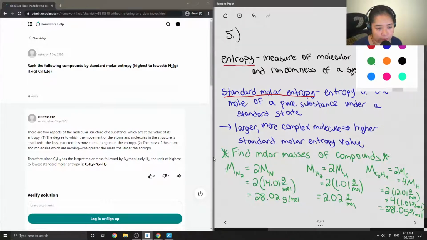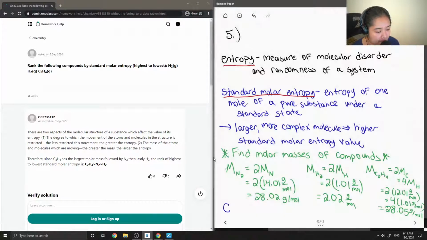Okay, so now we can rank these compounds from highest to lowest standard molar entropy. Ethylene has the highest entropy, followed by nitrogen, and then lastly, hydrogen has the lowest standard molar entropy.